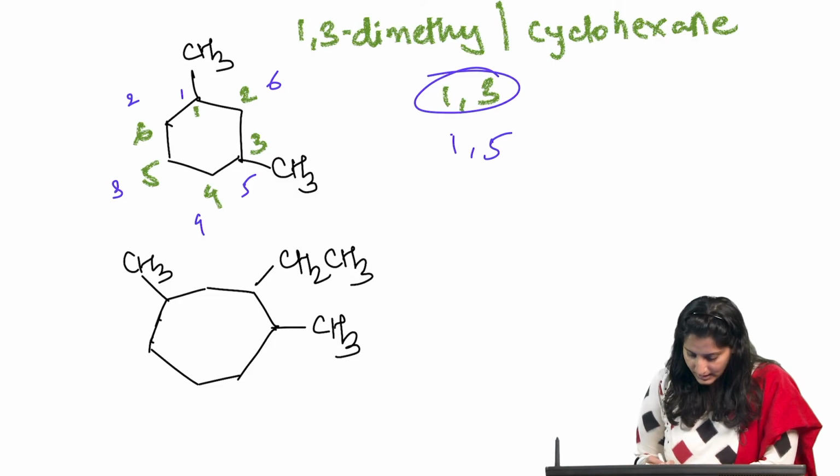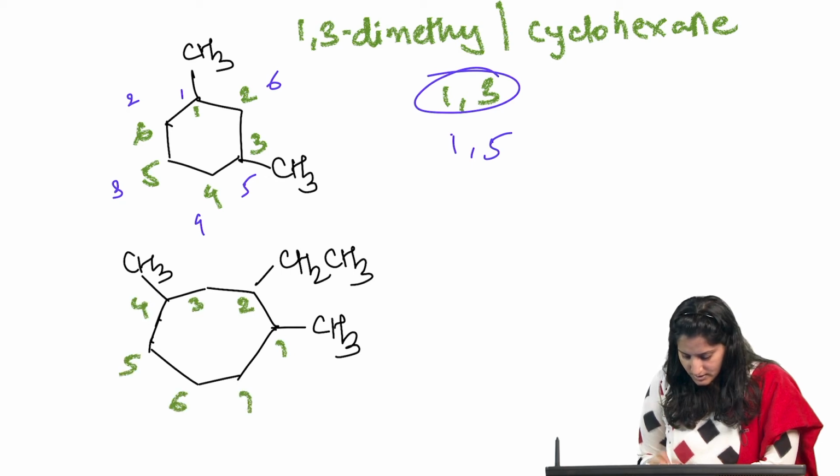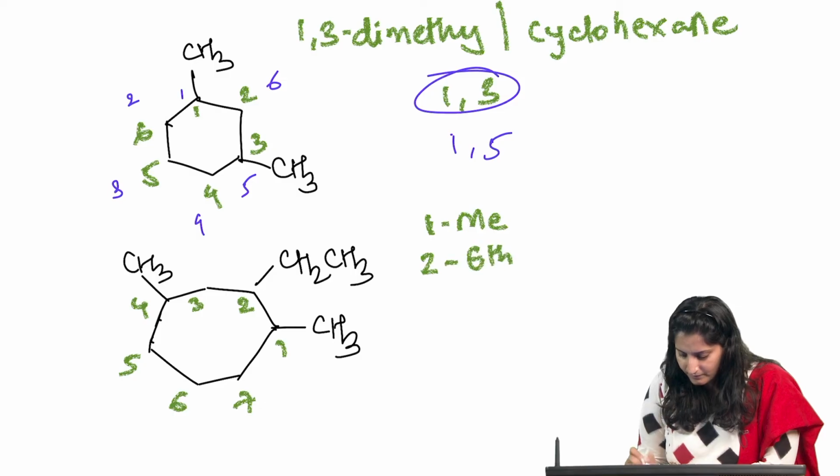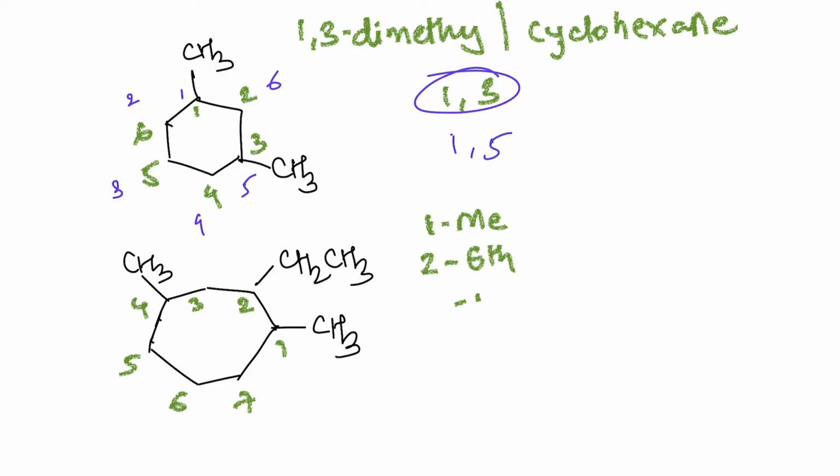Okay. Now, let us go to the next example. In this case again I can start labeling it such that I go 1, 2, 3, 4, 5, 6, 7, okay. That gives me 1 methyl, okay, I am not writing the complete name, 1 methyl, 2 ethyl and 4 methyl. Let us try to look at another possible numbering. I can start from here and I can go 1, 2, 3, 4.